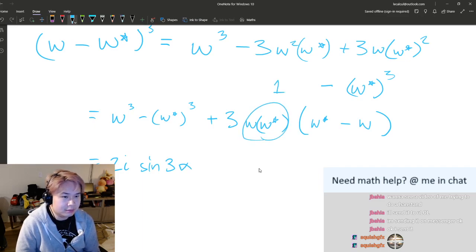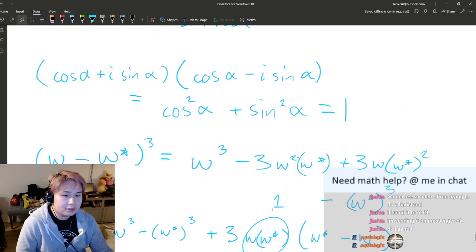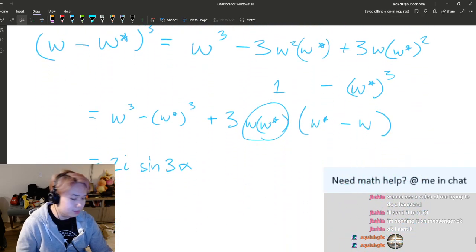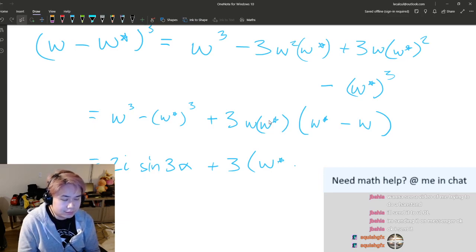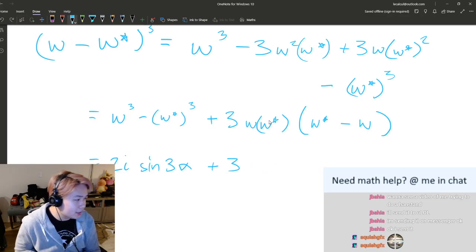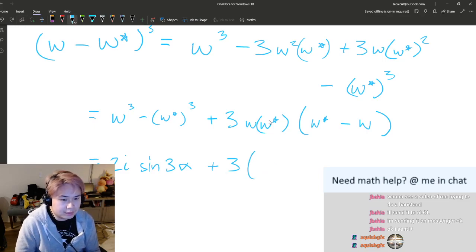This thing is just 1 from the earlier part. And then if you're subtracting the conjugates, what do you get? Well, let's see.